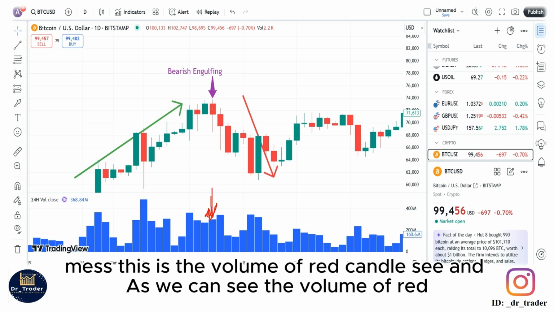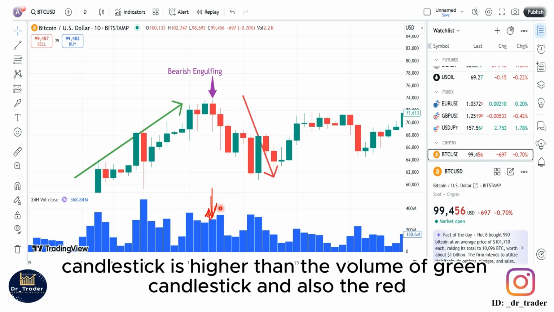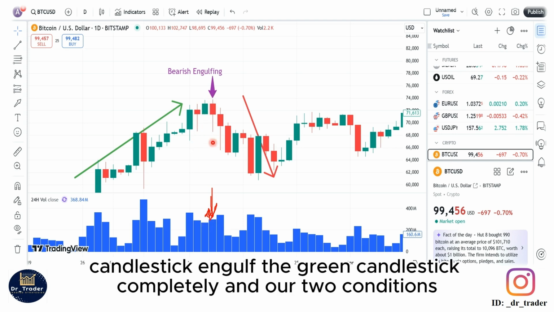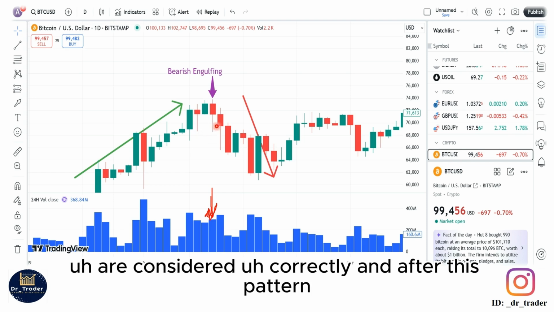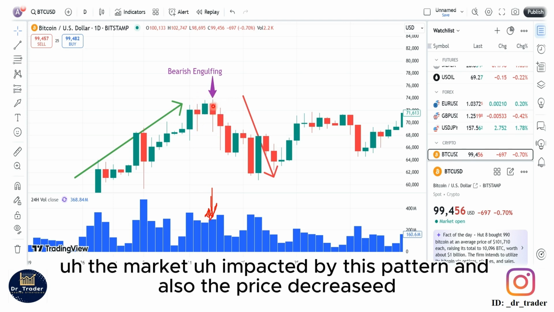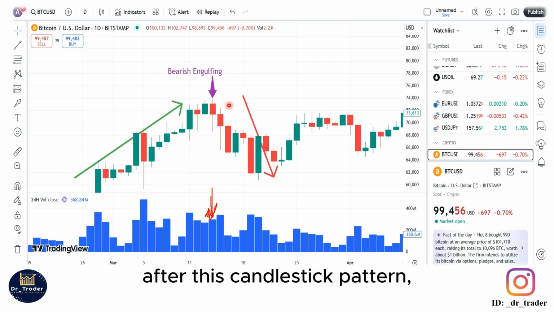As we can see, the volume of the red candlestick is higher than the volume of the green candlestick, and the red candlestick engulfed the green candlestick completely, so our two conditions are considered correctly. After this pattern, the market was impacted by it, and the price decreased after this candlestick pattern.